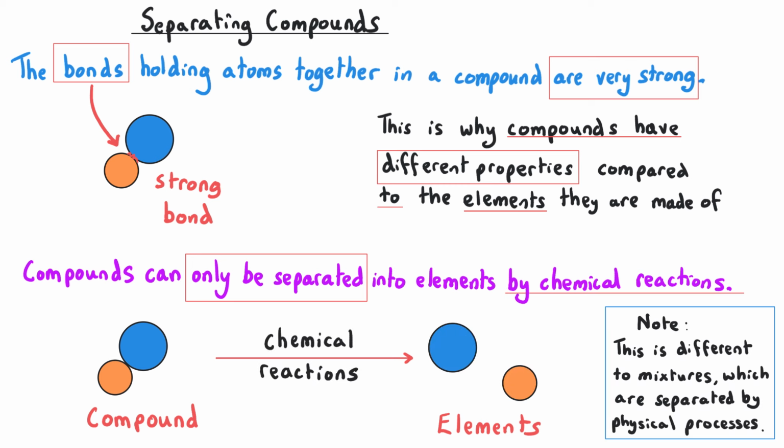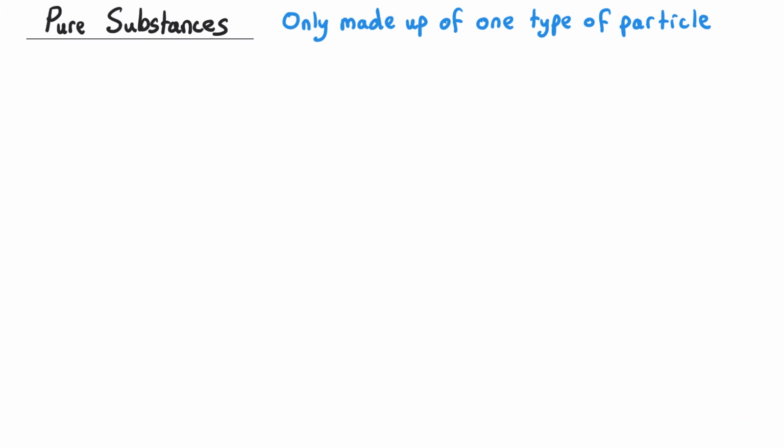And so that means that we can't use physical methods of separation that we can do for some things that have been mixed together. We have to use actual chemical reactions to pull apart the elements and to break the bonds that have been holding them together.